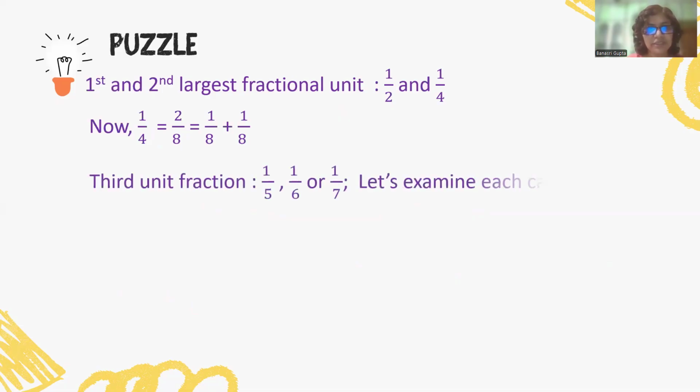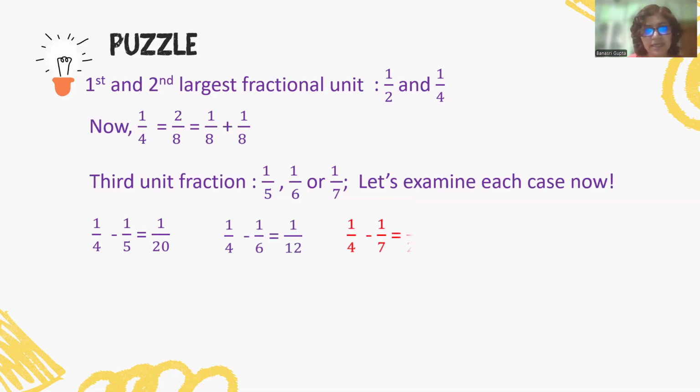To get the fourth fractional unit, if we fix the third one as 1 by 5th, we have to subtract 1 by 5 from 1 by 4. So let's see the values. This is 1 by 20. This is a valid case. The next one is also valid. But the last one, 1 by 4 minus 1 by 7, does not give a unit fraction.